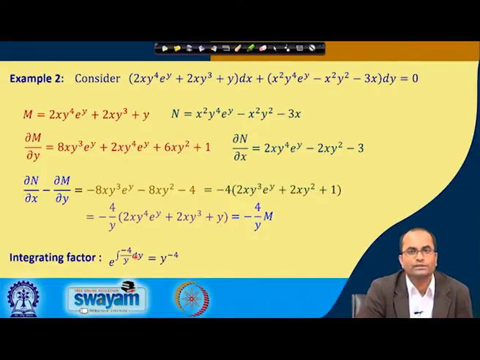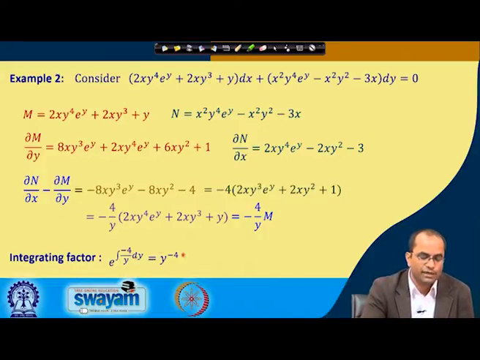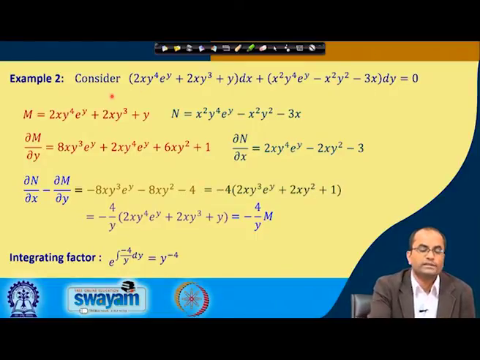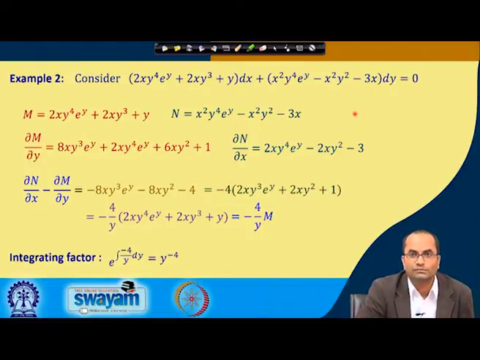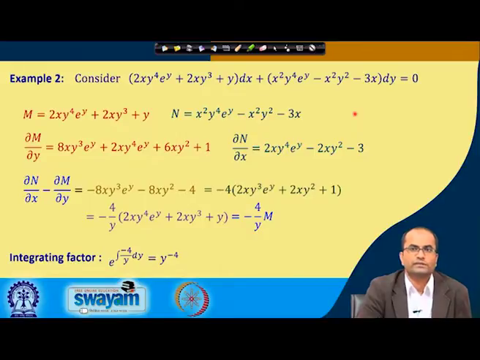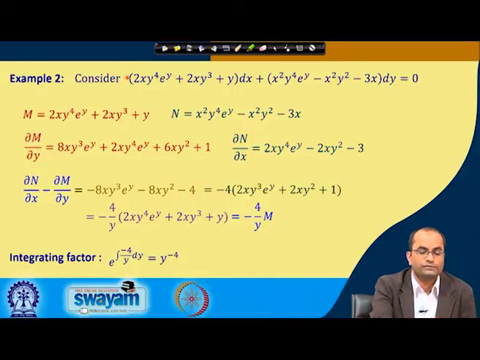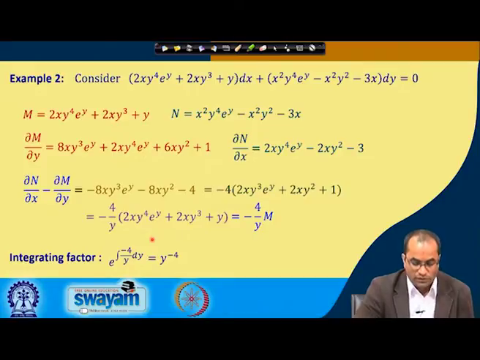So the conclusion again is that if you multiply this equation by y power minus 4, then the equation will become an exact differential equation, and then we can follow the approach to find f whose differential is exactly there after this multiplication.